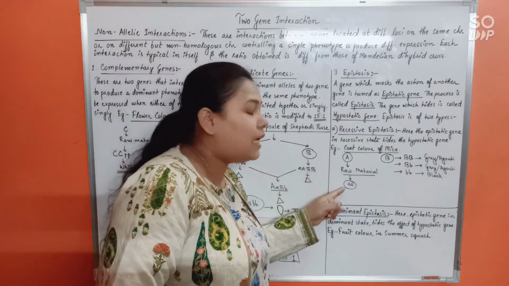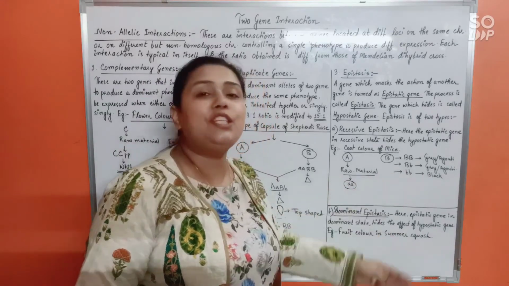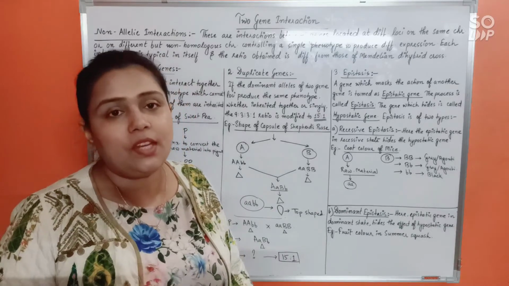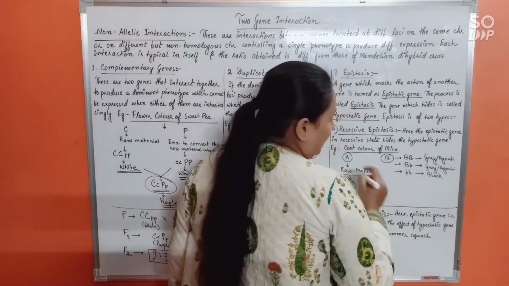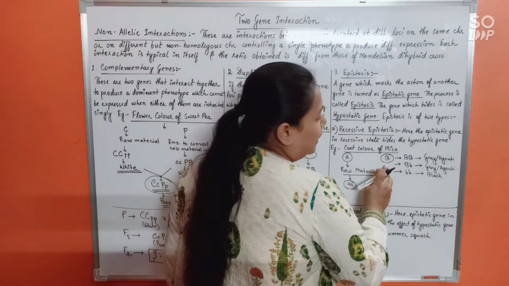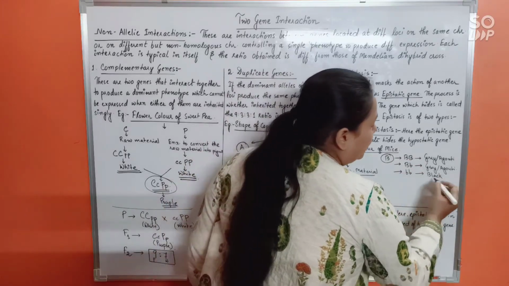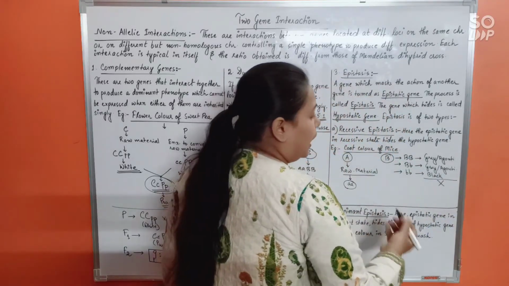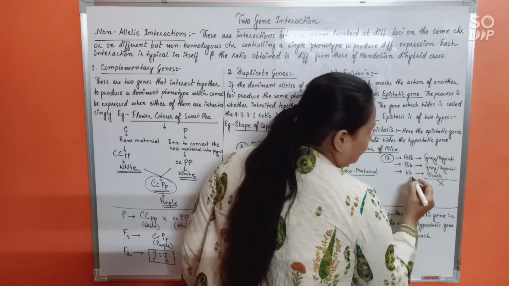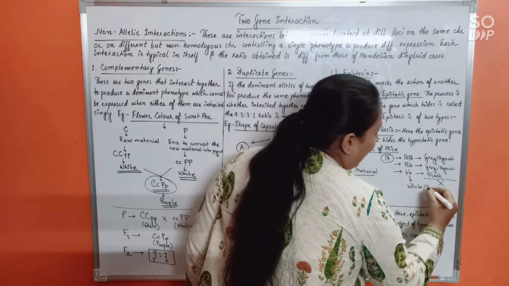Now if gene A itself is in the recessive state, the raw material is absent. In the absence of raw material, can gene B produce any pigment? No, isn't it? So whenever gene A is in the recessive state, gene B, whatever combination it might be present in, won't be able to produce any color. Rather, for any combination, the color would become white or albino.